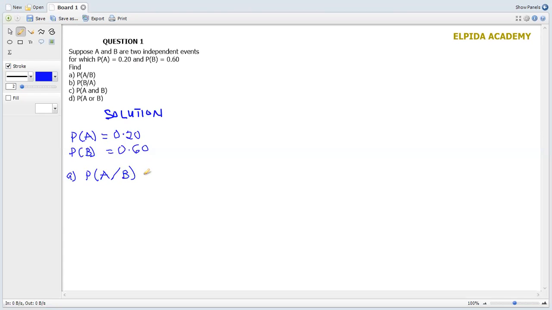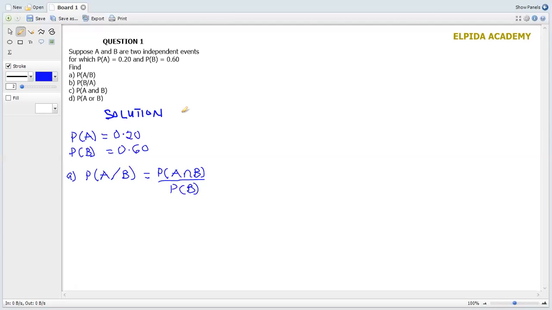So we have the formula for this: the probability of their intersection, that is A intersection B, all over the probability of B. So the intersection between A and B, all over the one that has already been given, probability of B.